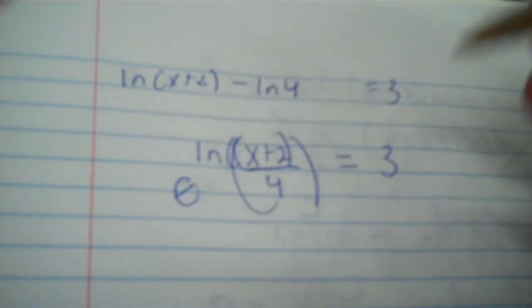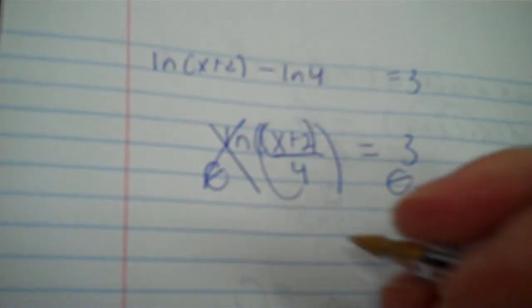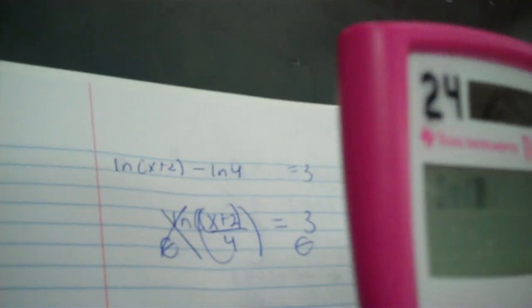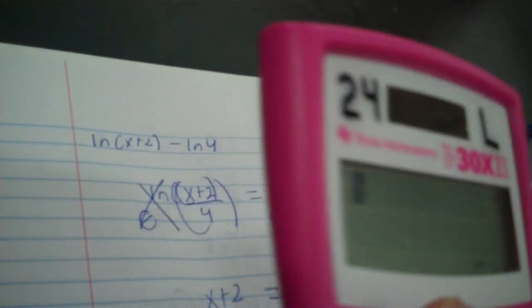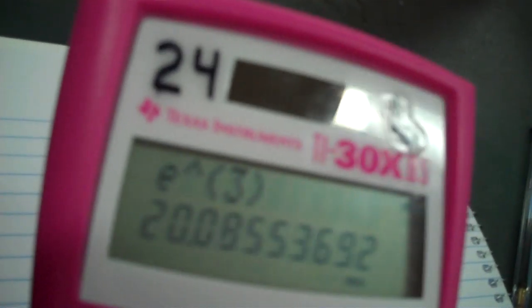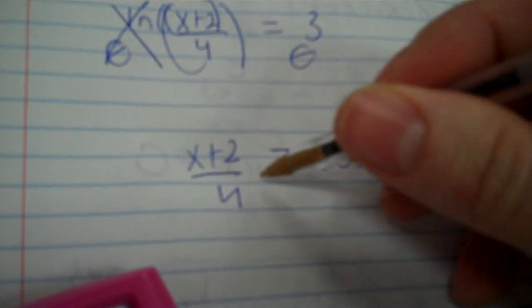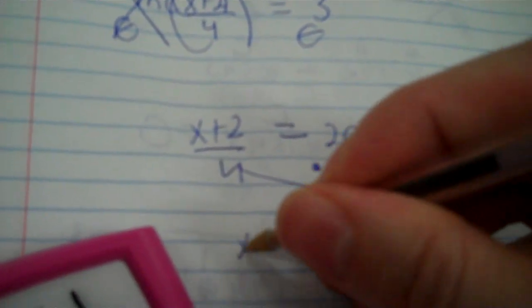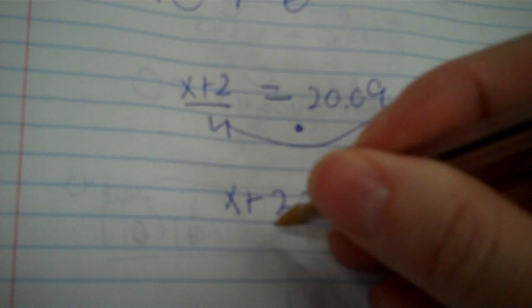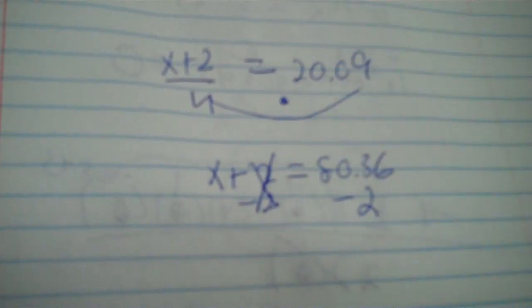Now I could take the e out of both sides. Okay, e to the power of 3, 78.36.